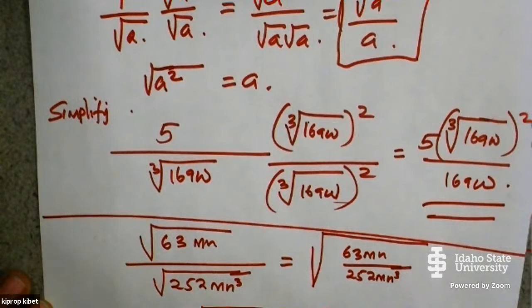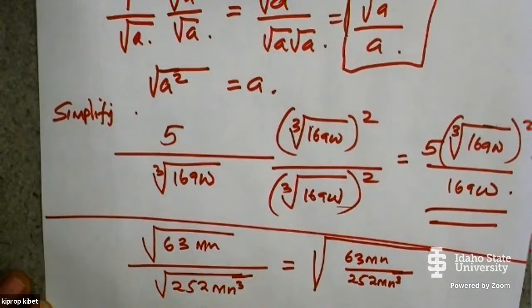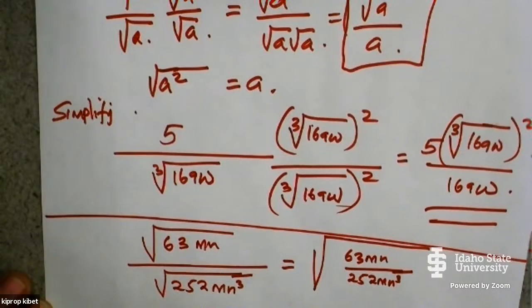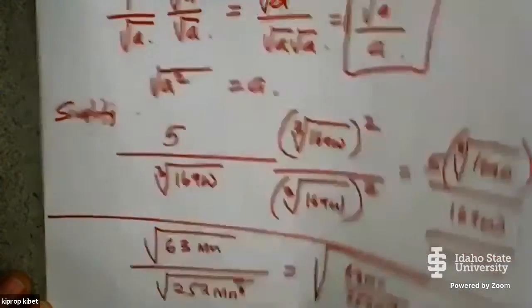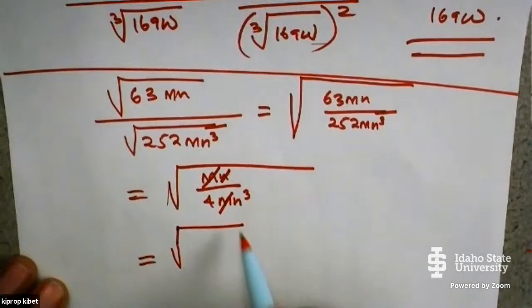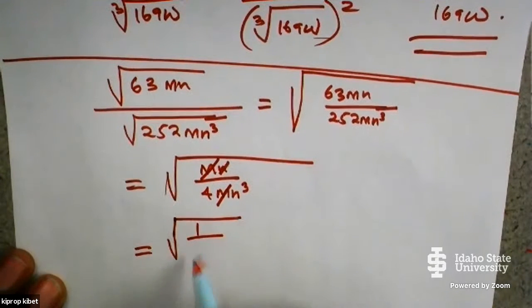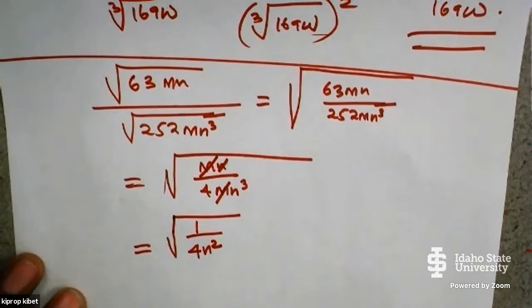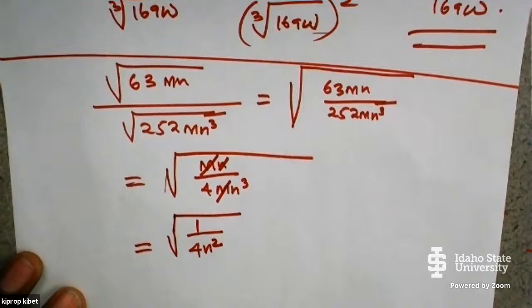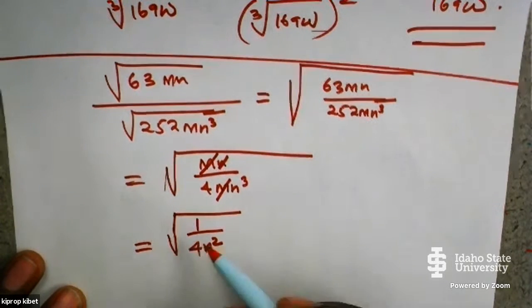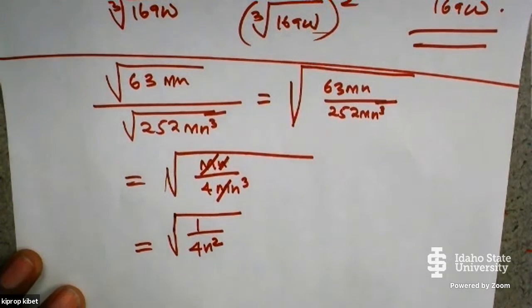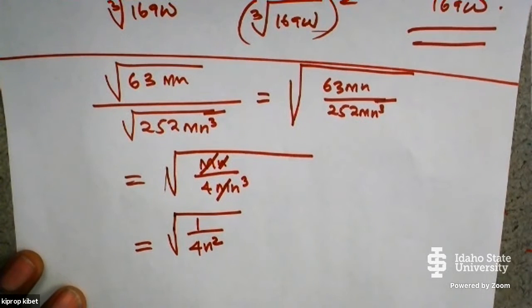So this m and that one will cancel, and this n becomes what? Squared, right? So therefore, this is the square root of 1 over 4n squared, right? So the square root of this one is equal to what?